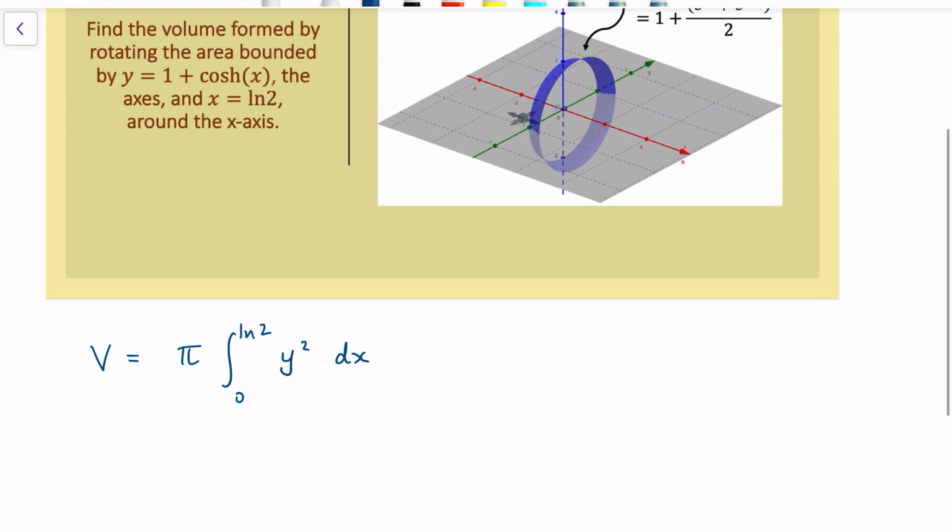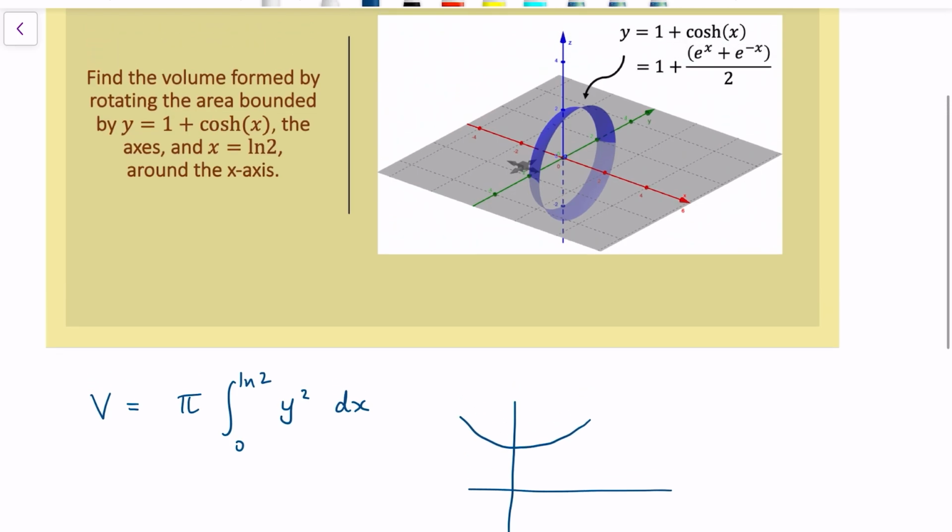And just a real brief explanation. If you need a more fulfilling explanation, then you might want to look up solids of revolution on YouTube. But if we take this area below this curve, and we'll understand what this curve is in a sec, 1 plus cosh x, the hyperbolic cosine function, when we add 1 to it, we get a y-intercept of 2.